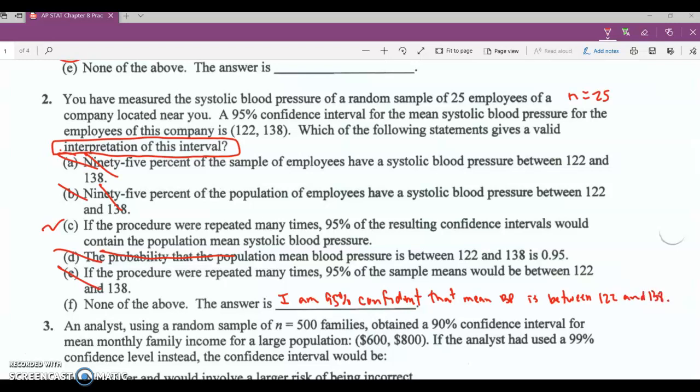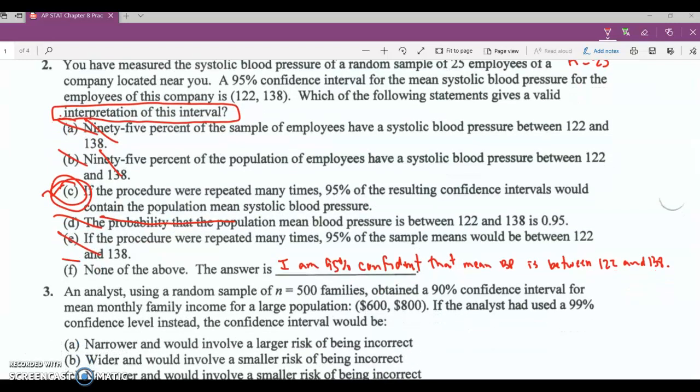Now maybe I'm just splitting hairs, and maybe the textbook might say C is okay, but the way we've been defining this is the interpretation of the level, not of the actual interval. So I like F.